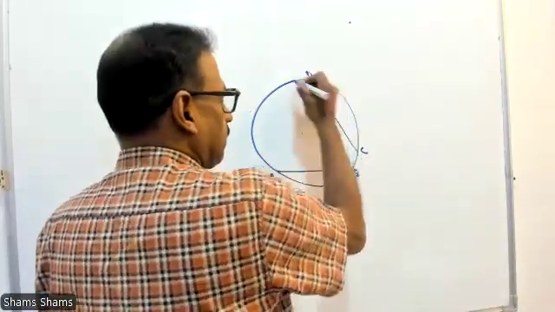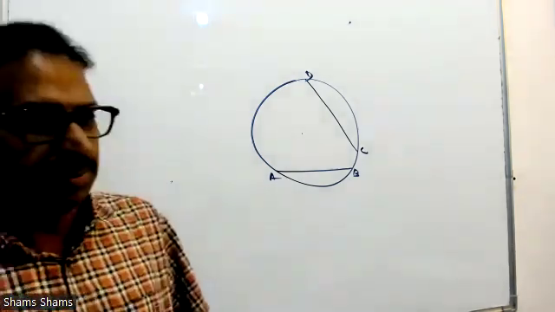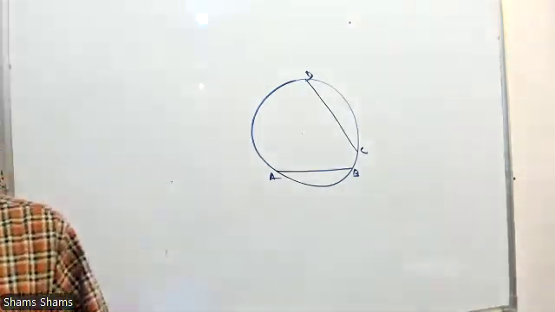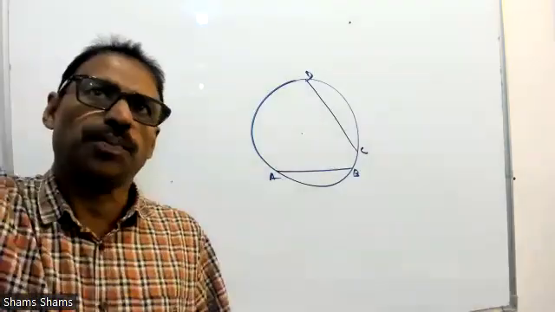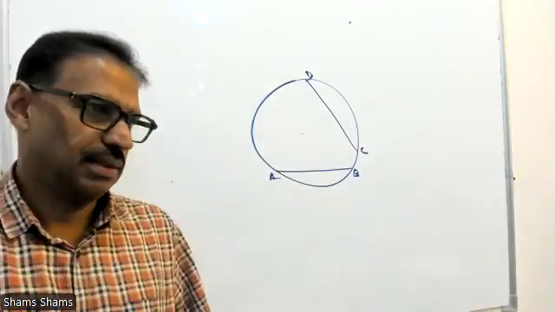If the chords are equal, subtending angle. My question is, what is subtending angle? Suppose you look at a clock. The rays from the top and bottom come to your eyes.